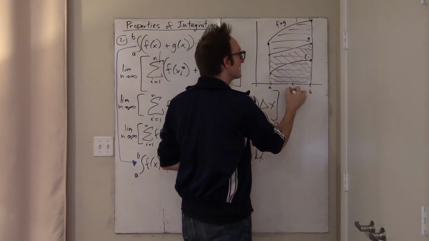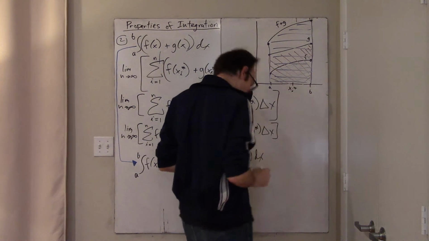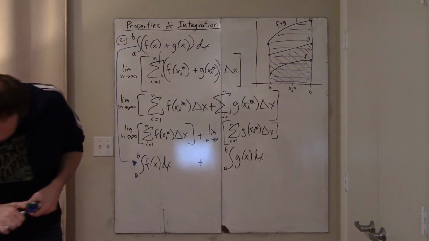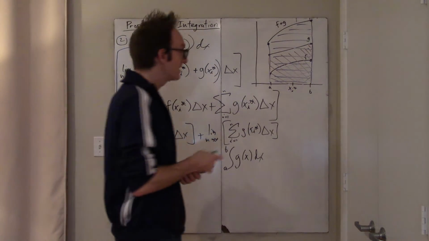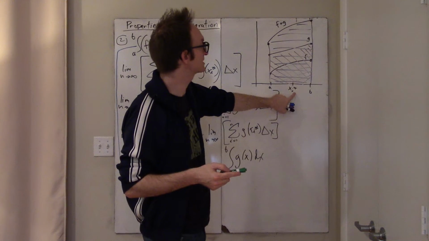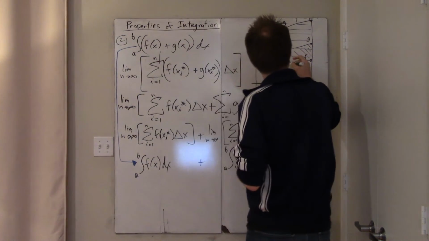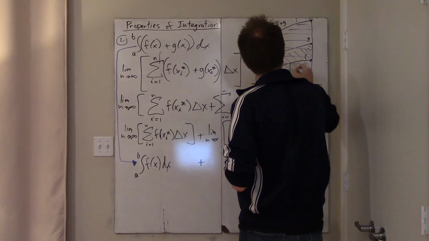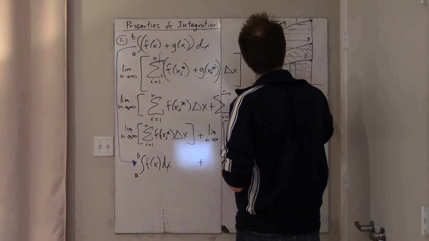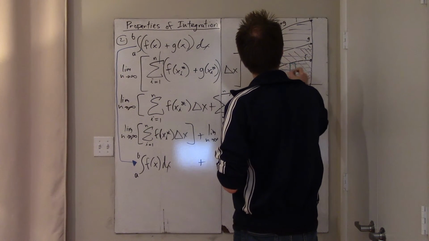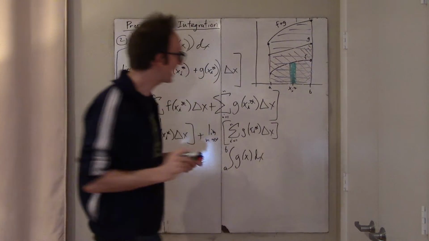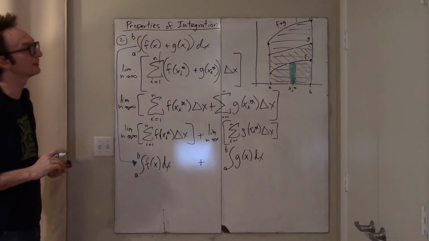So go to the ith subinterval, go to x sub i star, and recognize that when I plug x sub i star into f, I get a certain height, and I get a certain rectangle. I've tried to draw this as this heavy green rectangle here.